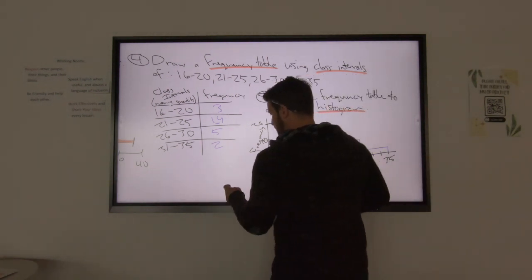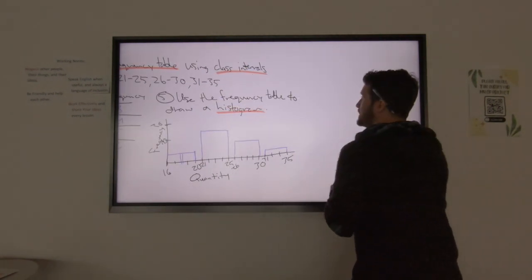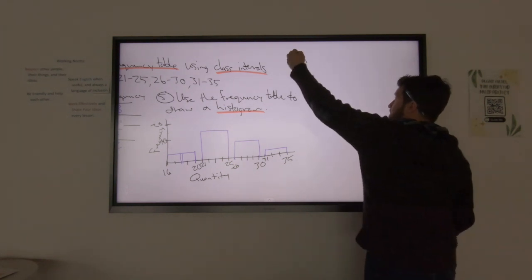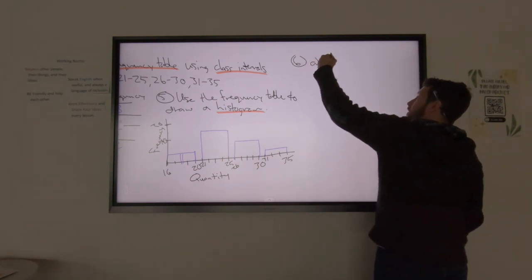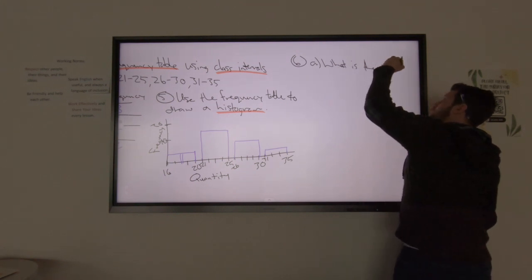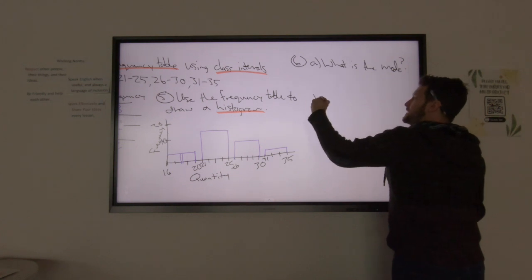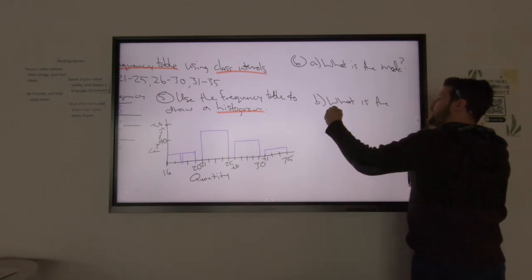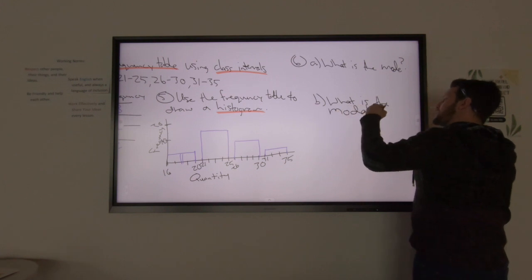So the next thing we need to talk about is a revision of something we kind of just talked about. I'll call this 6. I want to know, A, what is the mode? B, what is the modal class?